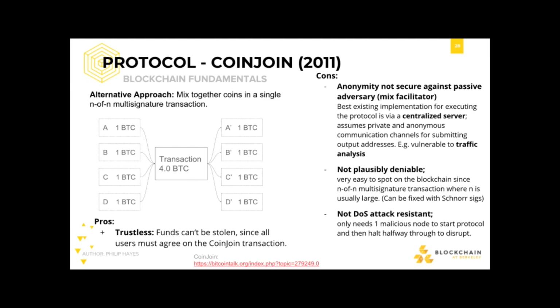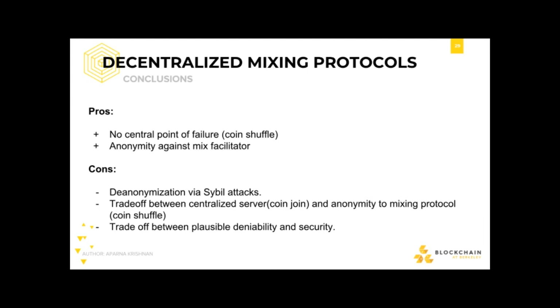Like if you see a 30-input, 30-output transaction on Bitcoin, obviously someone's mixing. Who sends a 30-input, 30-output transaction, right? Also, it's not resistant to denial of service attacks. So if someone takes part in your mixing and then somewhere in the middle decides that they don't want to do it all the way, it kind of stalls everyone else's attempt as well.